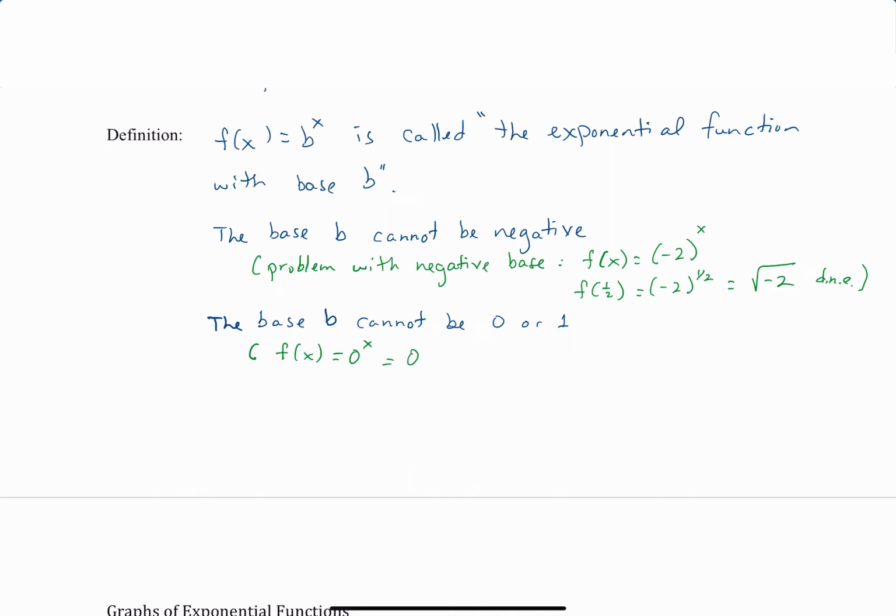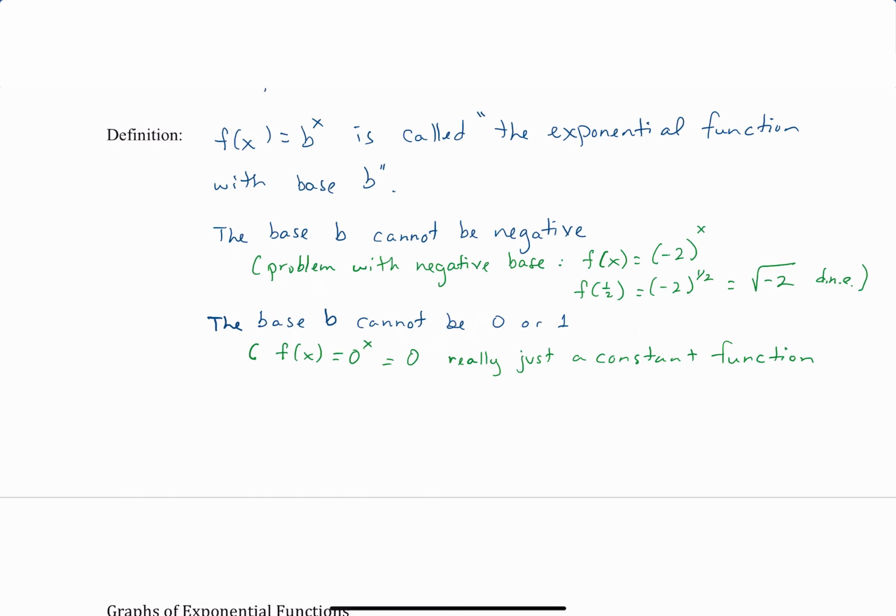So this is really just a constant function. And we'll see when we look at graphs of exponential functions that the graph doesn't look anything like a constant function. And we don't want to call a constant function an exponential function. We want to keep those separate.